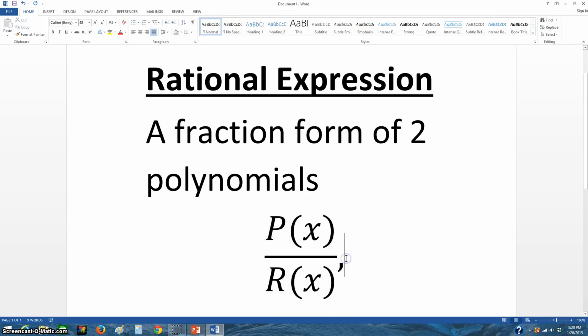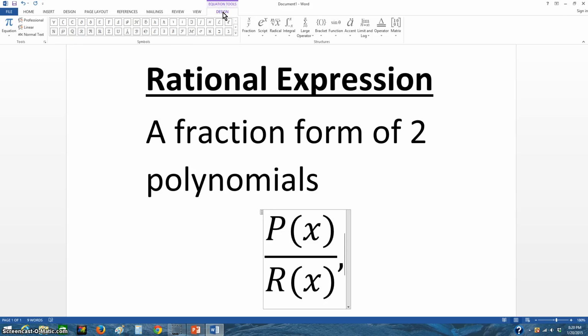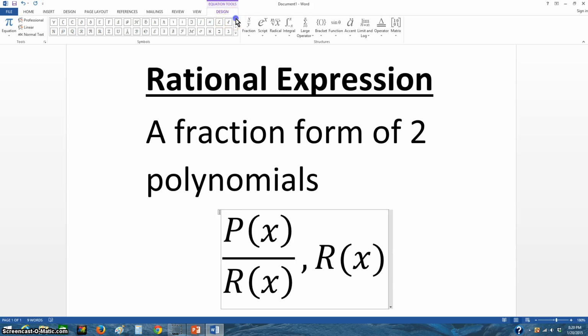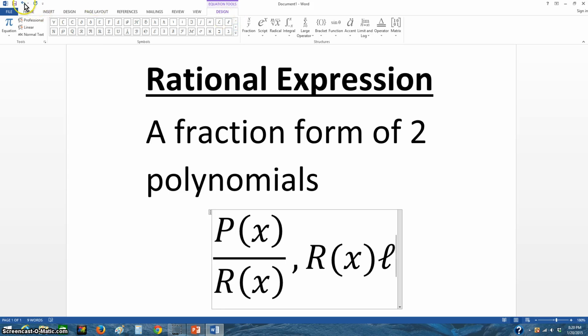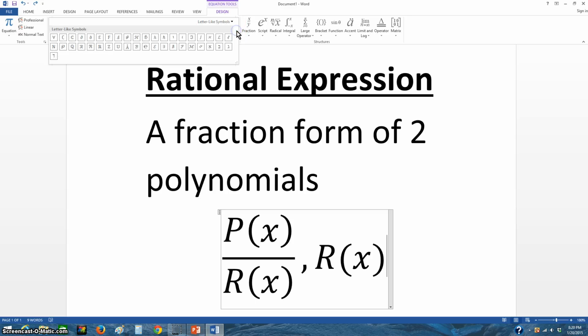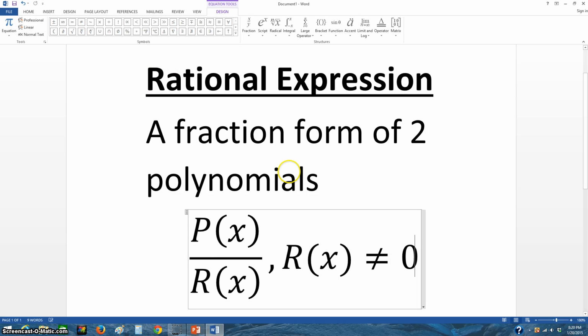Okay, if no one has gotten it, let's go ahead and go over it. But if someone did get it, good job for you. The stipulation that I have to consider is that r of x cannot be what? It cannot be 0. That's very important because if you were to get 0 on the bottom, that can't happen because you cannot have a division by 0.